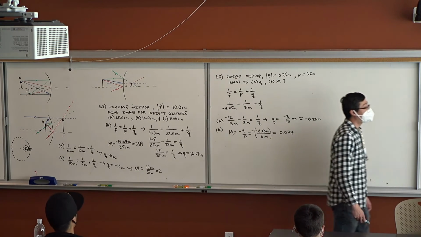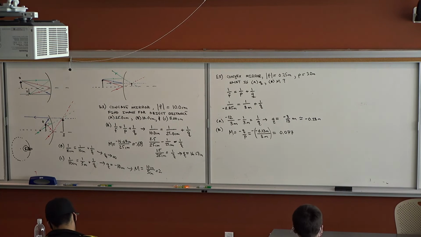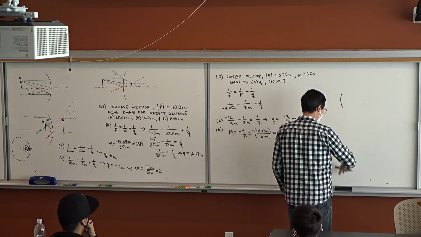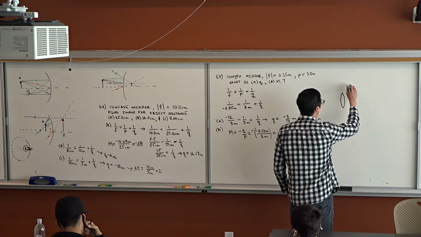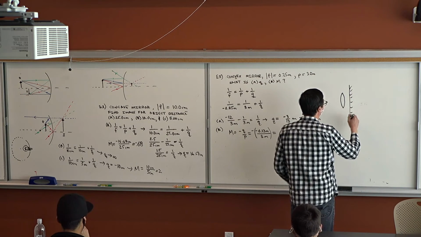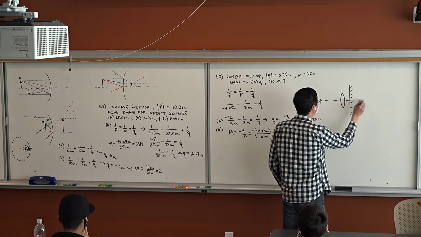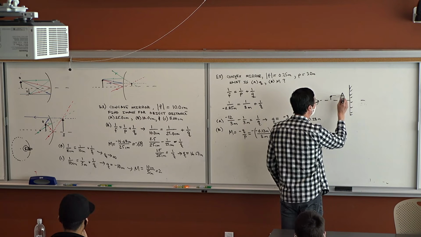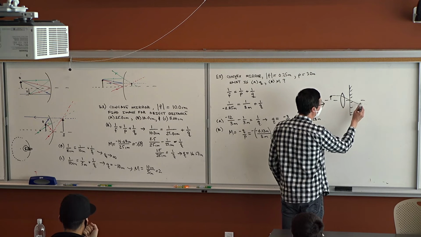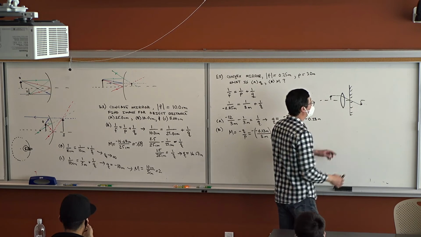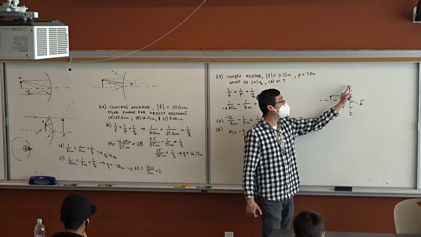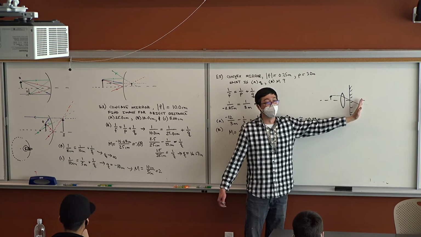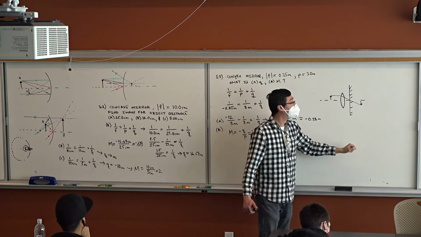We could get to this if, let's say, I used a lens in front of a mirror, so I'm going to use the image from the lens as the object for the mirror, but the image for the lens would be back here. Oh, I see. Okay. That works.